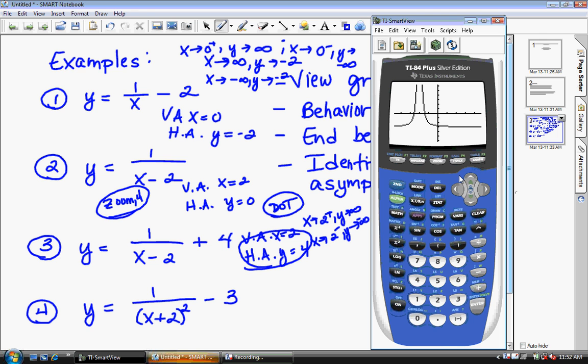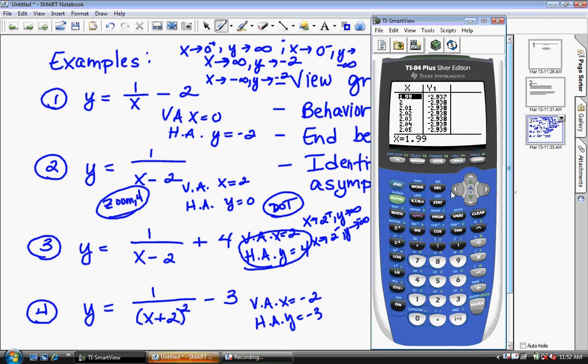So if I graph that, there I can see that left 2, so I have this asymptote at x equals negative 2 rather, not 2. And then I have a horizontal asymptote at y is equal to negative 3. So my vertical asymptote is x equals negative 2. My horizontal asymptote is y is equal to negative 3.